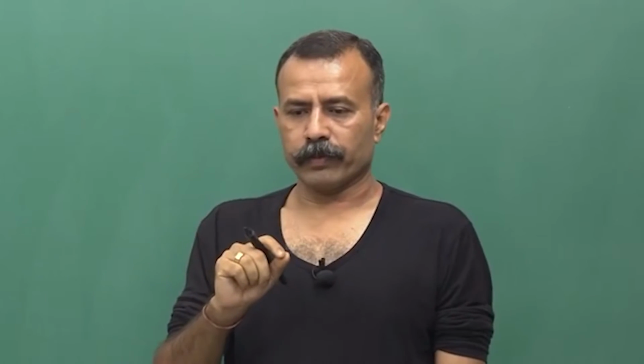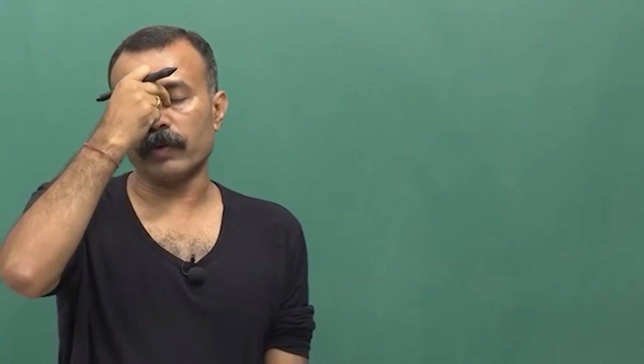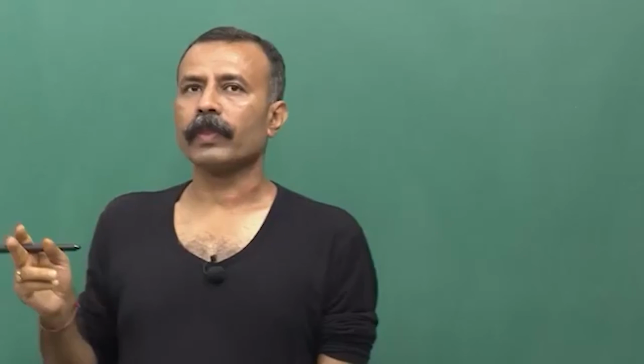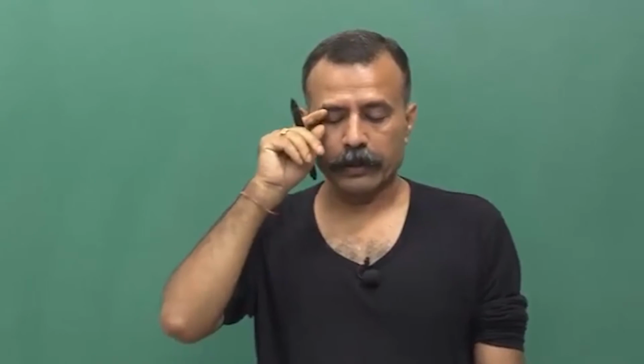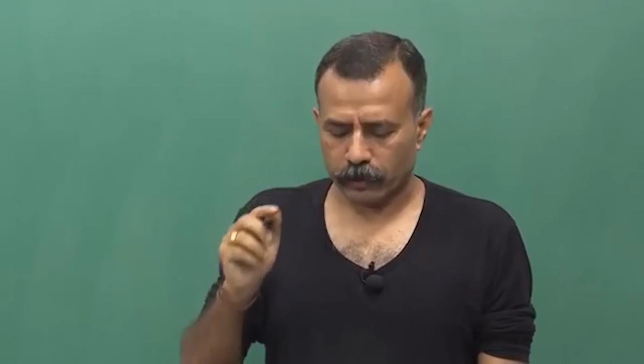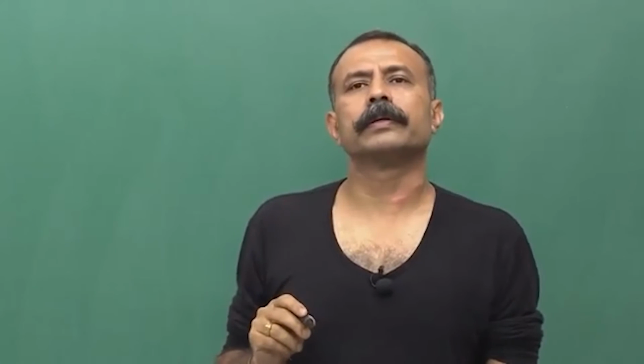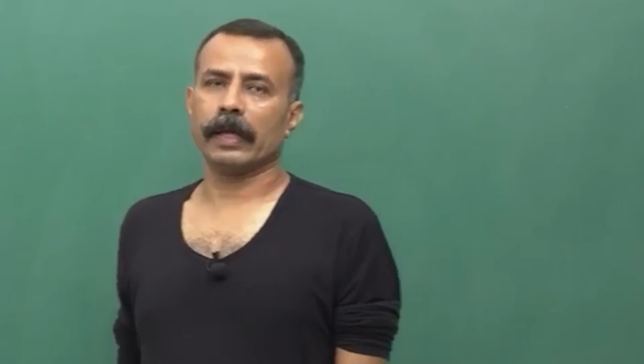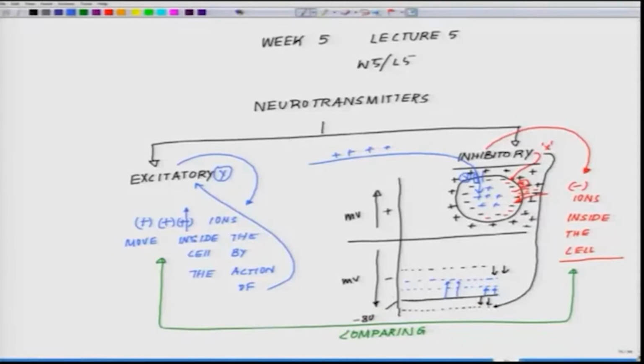So, in the light of this, if you remember where we digressed while we started talking about the synapse, I told you I will have to explain to you about neurotransmitters. If you remember, I told you all or none: if I could change the membrane potential from say minus 80 to say minus 40 millivolt, then there is no stopping.